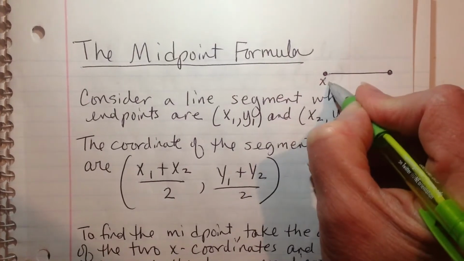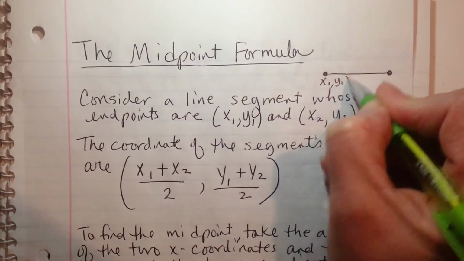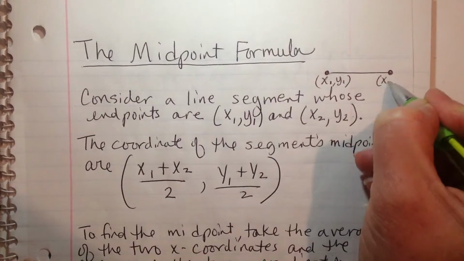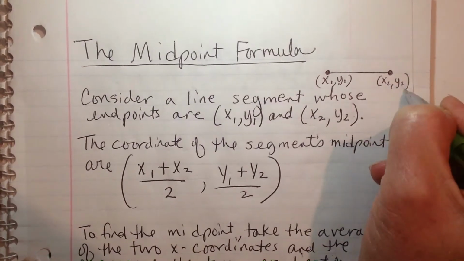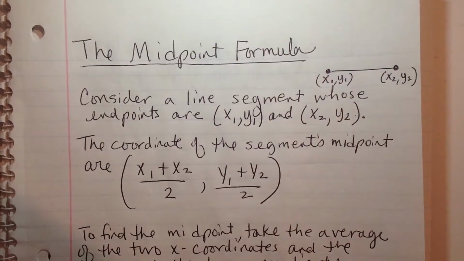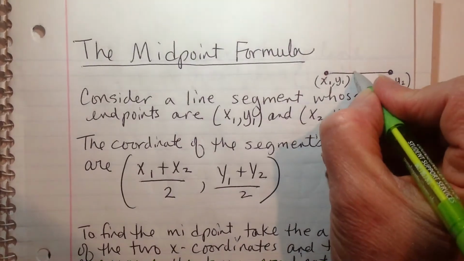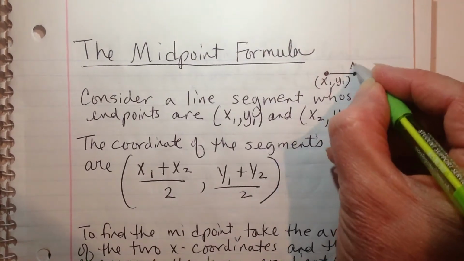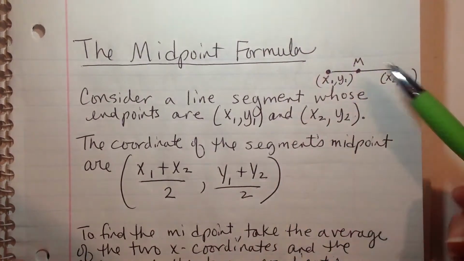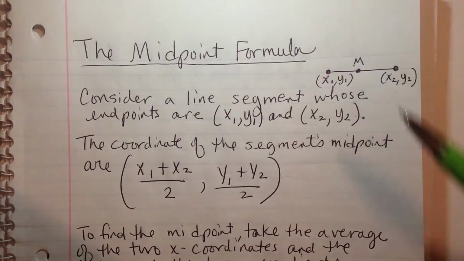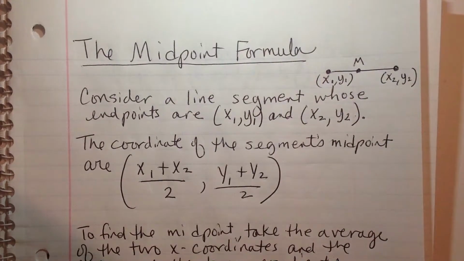This is x sub 1, y sub 1, and this point would be x sub 2, y sub 2. Now, we're trying to find the midpoint. The midpoint is a point in the middle of the segment. I'm going to note the midpoint being capital M. A midpoint is a point on the segment in the middle. It splits the segment into two equal parts.